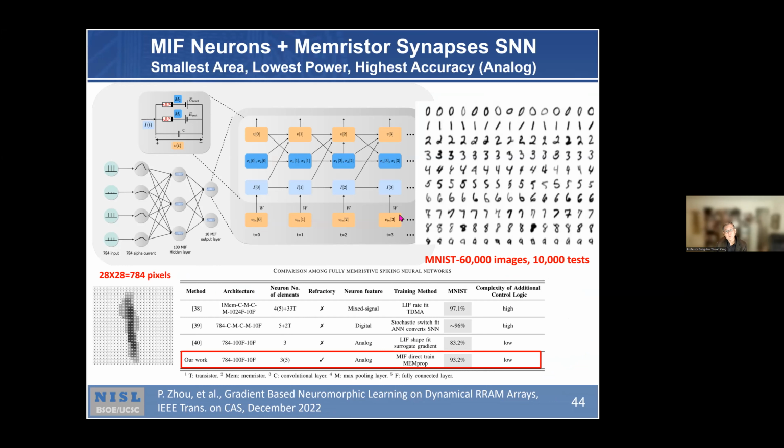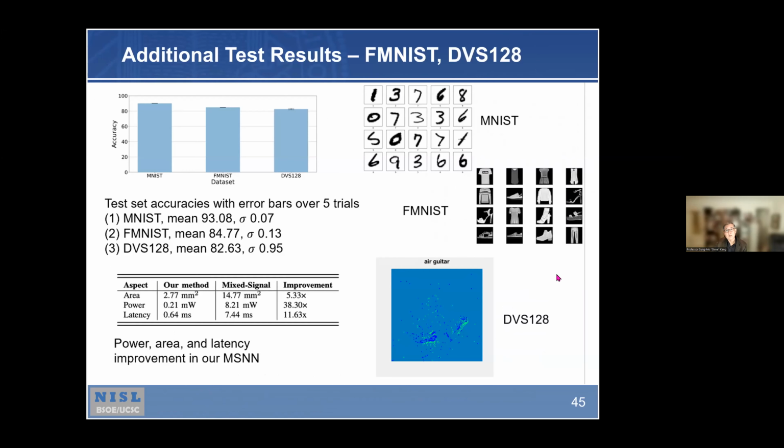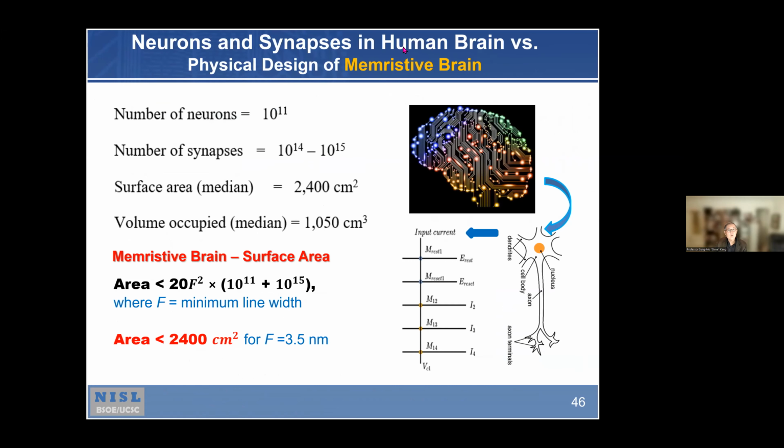We also did a Fashion MNIST benchmark and a dynamical video signal, and all performed properly. So it's quite encouraging. So the next question is, can you realize a solid state memristor brain?